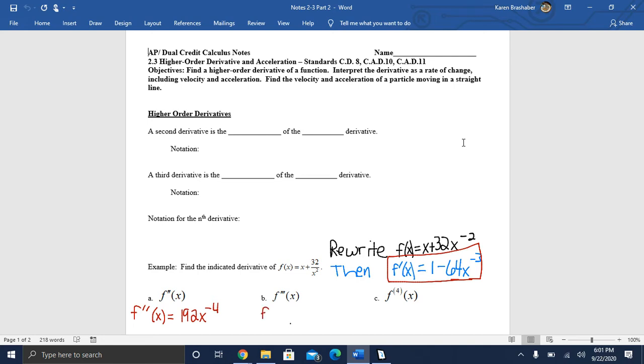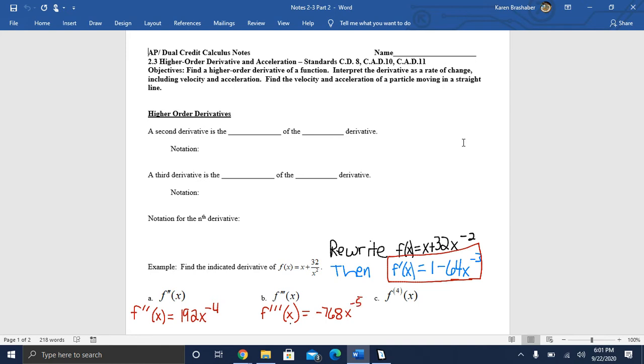We'll look at f triple prime, so the third derivative, and so that's the derivative of the second derivative. And hopefully you'll start to see a pattern develop. So now you're going to take negative 4, your exponent, times 192. That's negative 768. And then x drops a power, so negative 5.